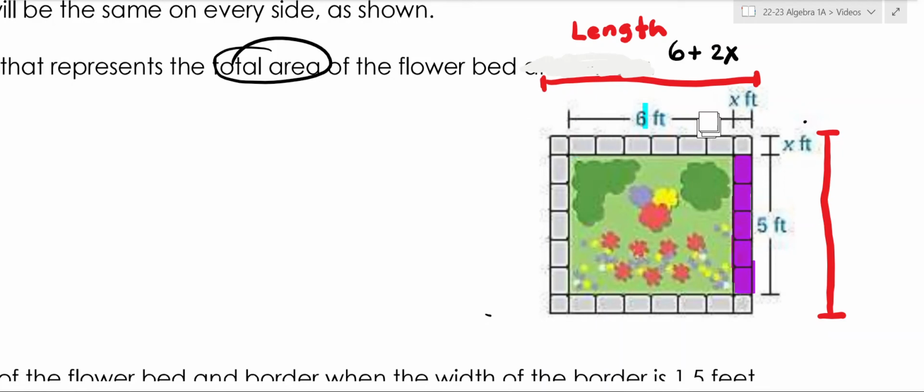Well, hopefully you wrote this down in your paper. You don't have a digital pencil like me. All right, so we know from here to here is 5 feet, but we still have to account for this length of this paver and that paver. And so we said this one was X and this one is also X. So our width is going to be 5 plus 2X. There you go.